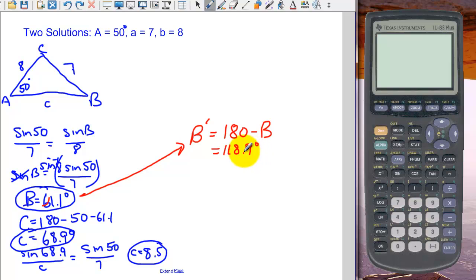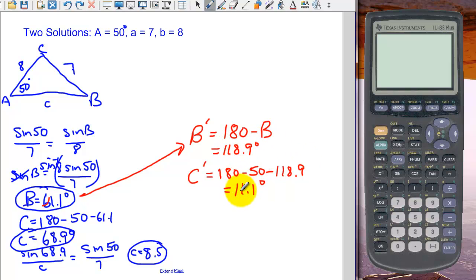Now we can see here, if we add 50 to that, we have 168.9. So our C prime is going to be a valid angle. And that comes out to be 11.1 degrees.